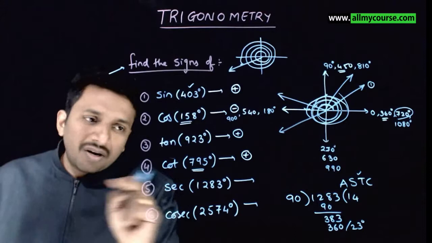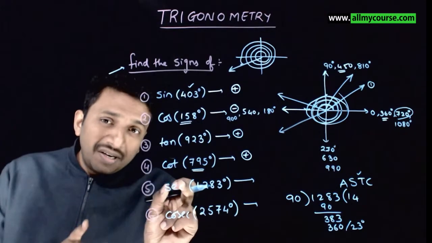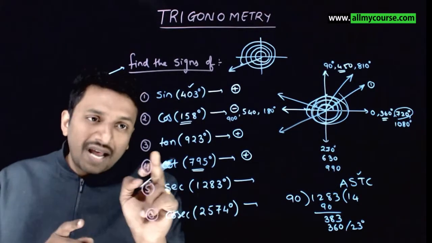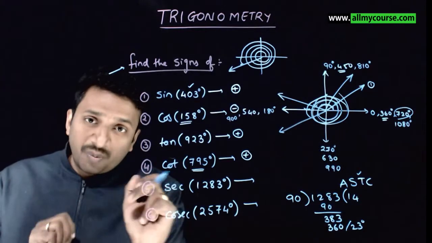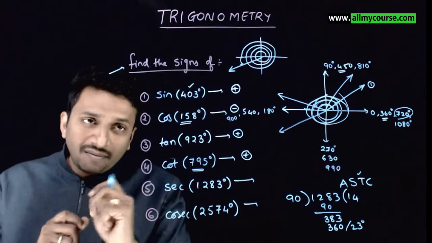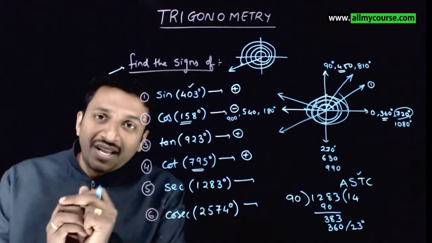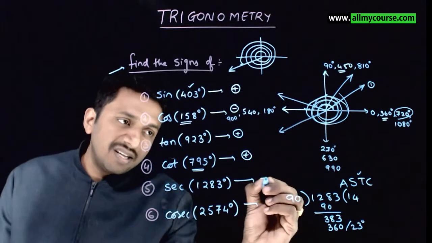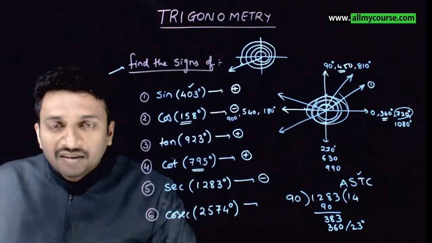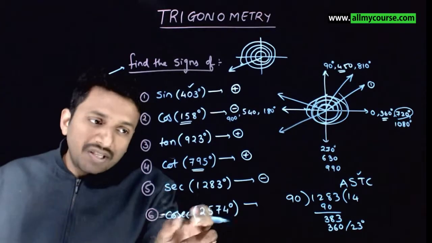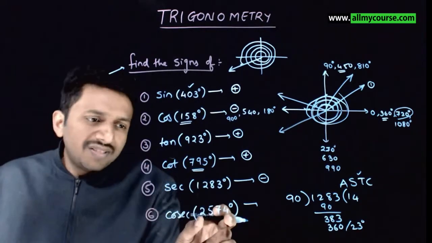In the third quadrant, we know that tan is positive. So if tan is positive, that means cot is positive. Sine and cos are negative. So correspondingly, cosecant and secant are also negative.